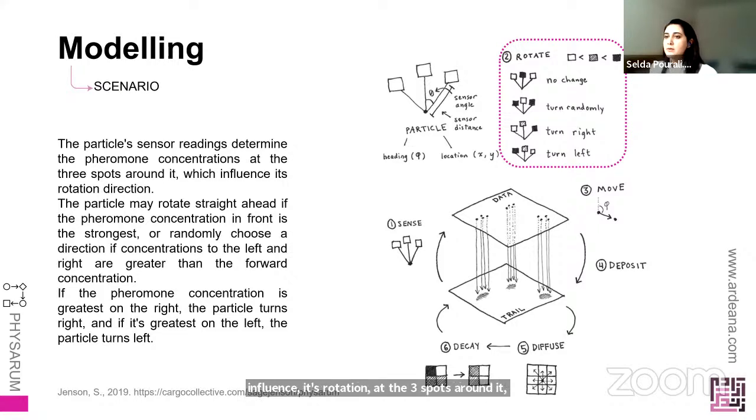The particle may go straight ahead if the pheromone concentration in front is the strongest, or randomly choose a direction if concentrations to the left or right are greater than the forward concentration. If the pheromone concentration is greatest on the right, the particle turns right, and if it's greatest on the left, the particle turns left.